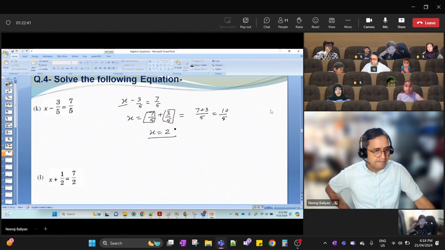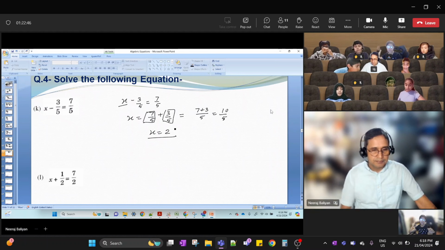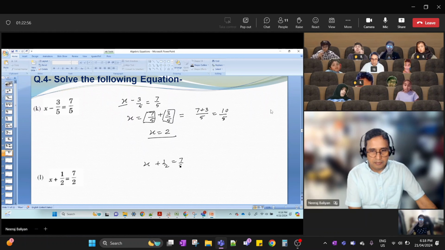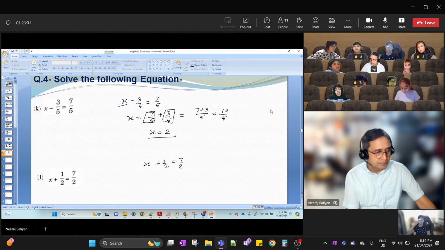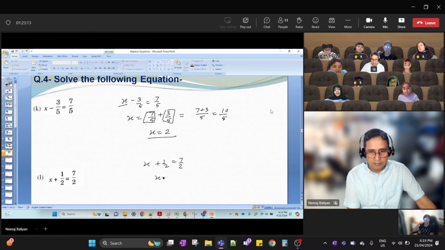X plus 1 by 2 equals 7/2. So I would take 1 by 2 to the other side, which would be 7 by 2 minus 1 by 2, which would be 6 by 2.